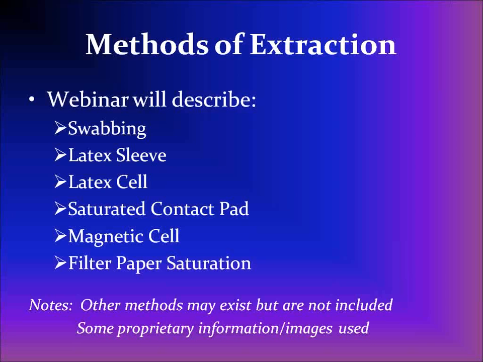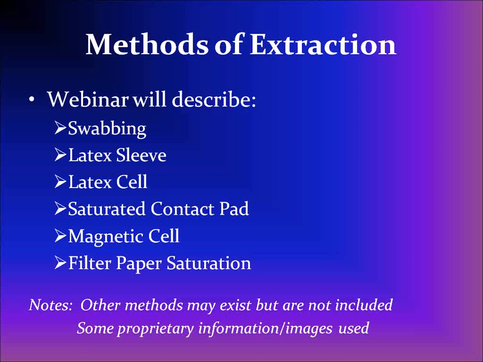I'll be describing 6 methods of extraction, including swabbing, latex sleeves and cells, saturation of a contact pad, magnetic cells, and filter paper saturation. With the exception of swabbing, each of these extraction procedures has a proprietary name and even proprietary instruments that are used in some cases.